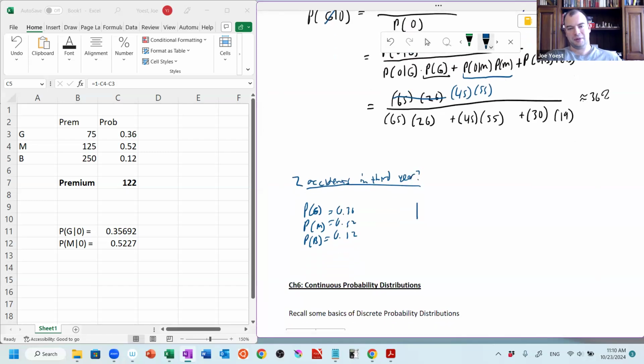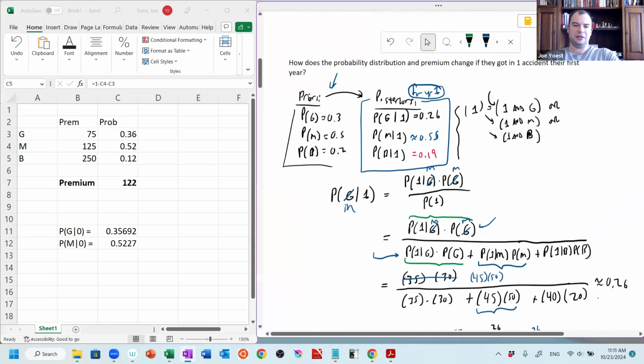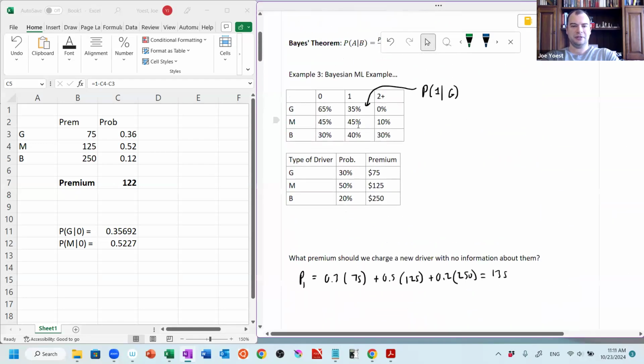And then I want to compute, say, the probability of good given 2 accidents in this third year. Well, that's the probability of 2 given good times my prior probability of being good, over the probability of getting in 2 accidents. But what is the probability of getting in 2 accidents given that I'm a good driver?